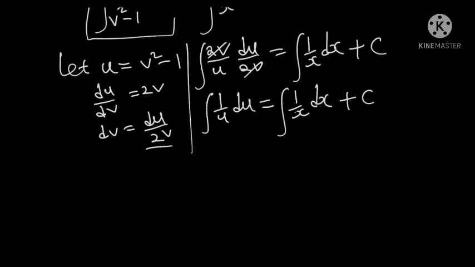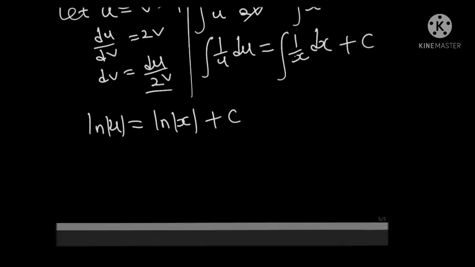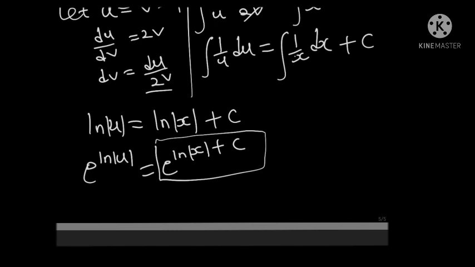The integral of 1 over u is ln u. The integral of 1 over x is ln x plus, of course, constant c. Now, we can raise both sides of the equation to the exponent. So we have e to the ln u equals e to the ln x plus c. Using the laws of indices, this part can be split into two.